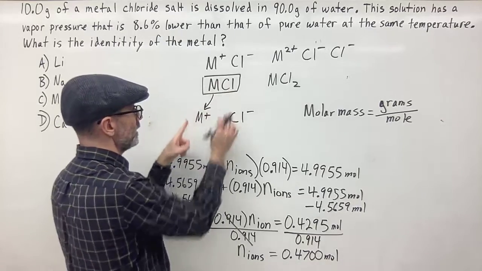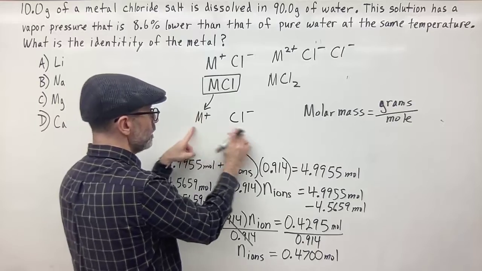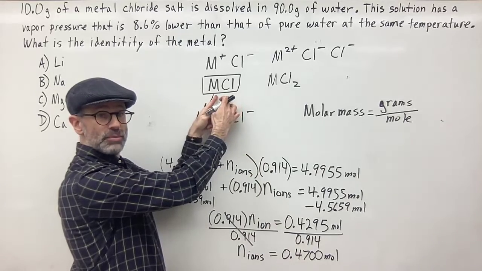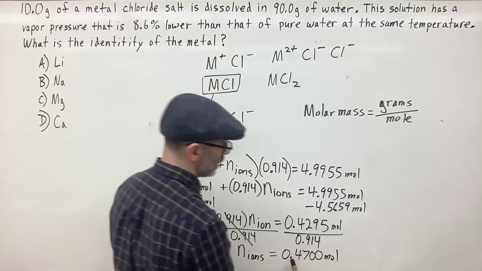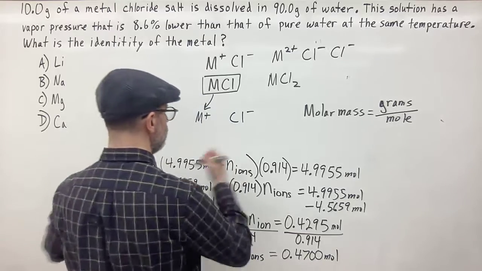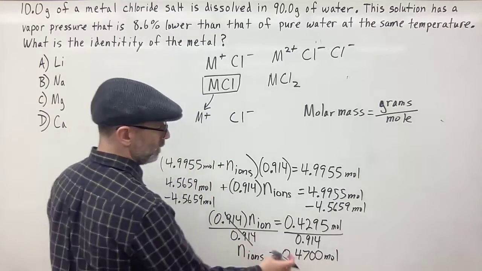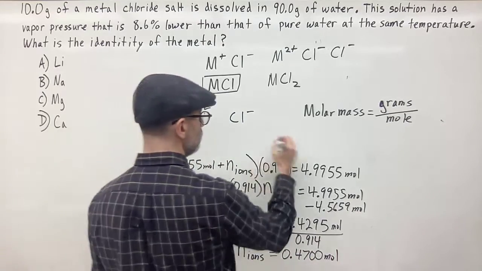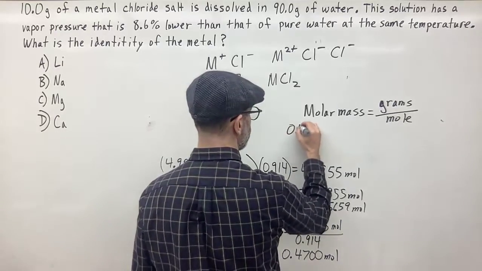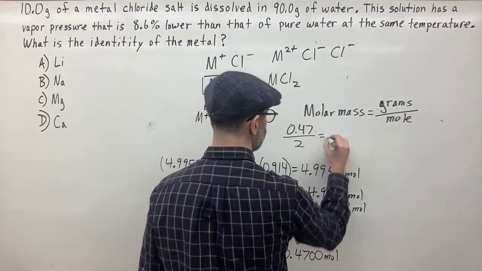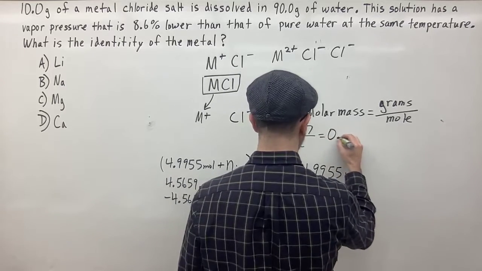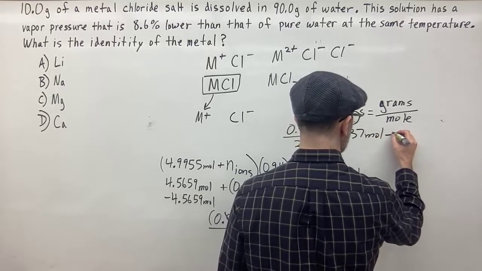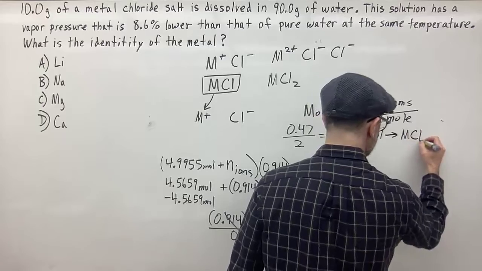So if this is the case, then I know that the moles of the ions I have are double the moles of the original substance, the metal chloride. So I'm going to have to cut this in half. So 0.47 divided by 2 is going to give me 0.237 moles, and then this would be the MCl.